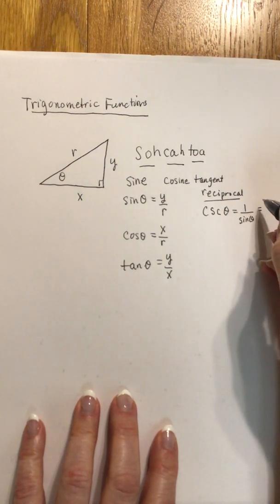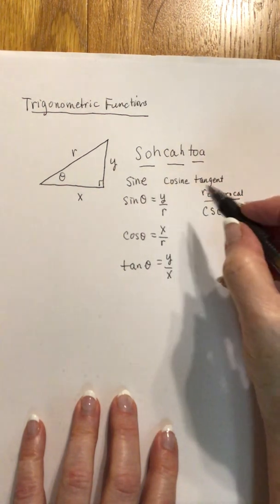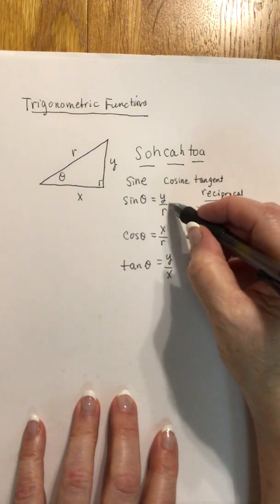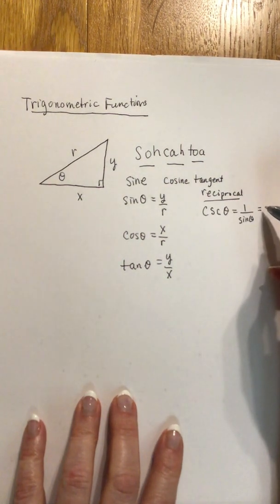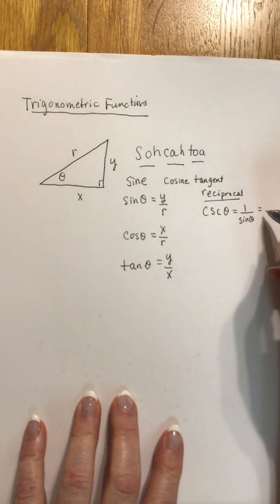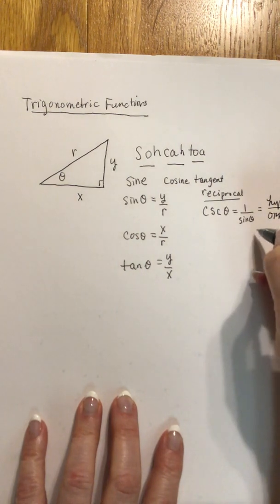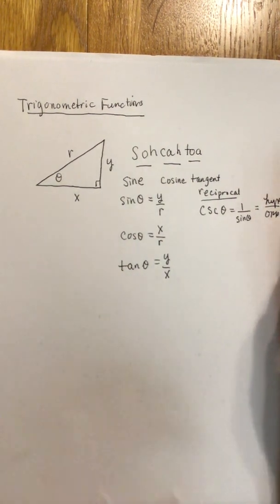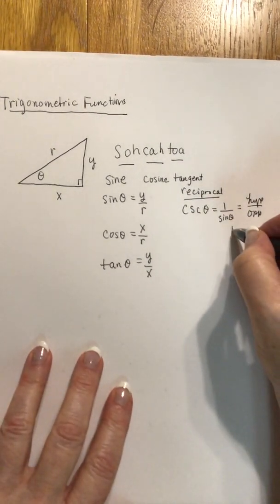You can actually look at it several ways. If sine is opposite over hypotenuse, reversed, hypotenuse over opposite would be one way of doing it, or just flipping this over would be another way of doing it for reciprocals. So what do we get for cosecant? Hypotenuse over opposite, and then y, r over y.